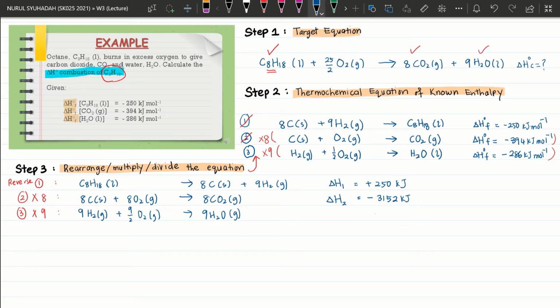And then the delta H, put as delta H3, so straight away times the value over here by 9, and we will get the value as negative 2574 kilojoule. Okay, so with that, we have finished step number 3.